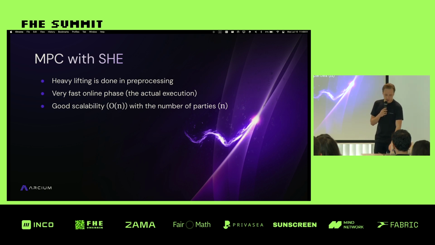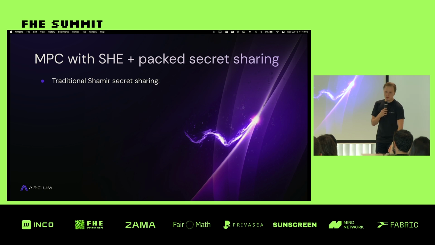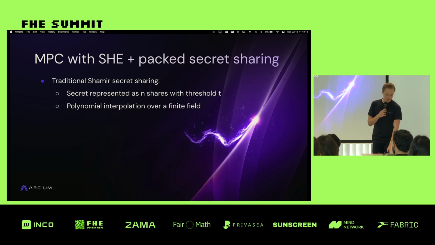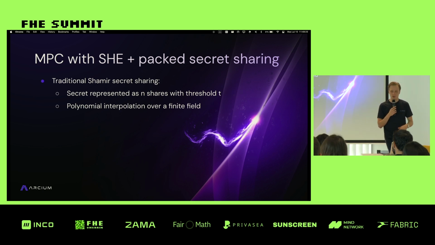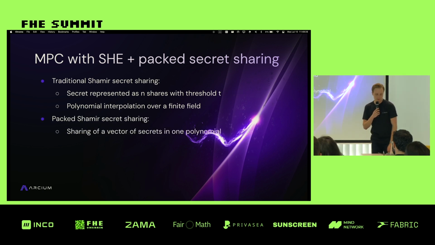So another optimization we can make use of is packed secret sharing. If we take traditional Shamir secret sharing, there we have secrets represented as a set of n shares with a threshold, by using polynomial interpolation. And packed Shamir secret sharing allows us to use a vector of secrets in one polynomial.